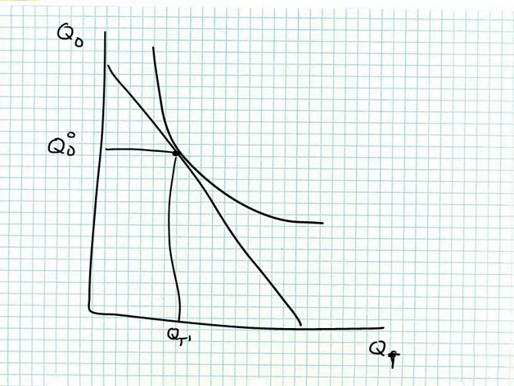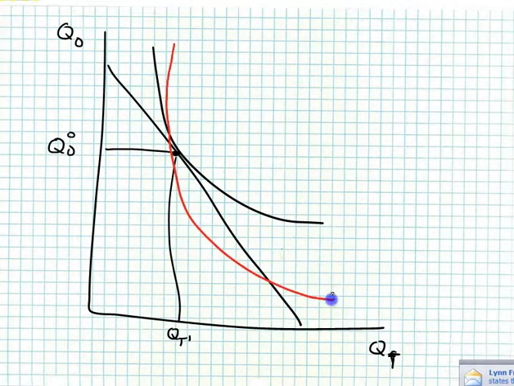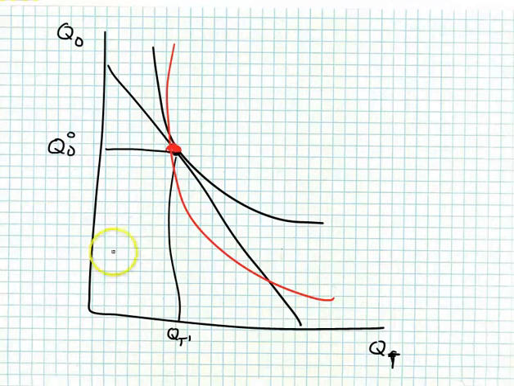Remember, we changed their preferences and we said that the new set of preferences looked like this. That is shallow, crossing exactly where we were at equilibrium before. We said that there are many indifference curves shaped like this red one, and only one of them is tangent to the new budget line.